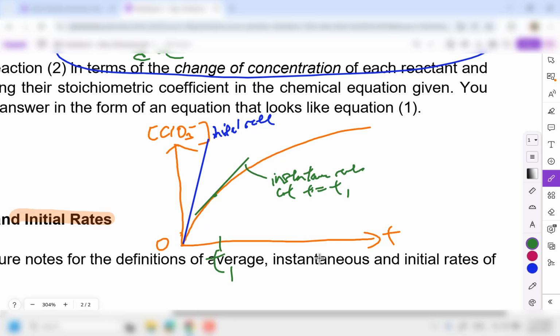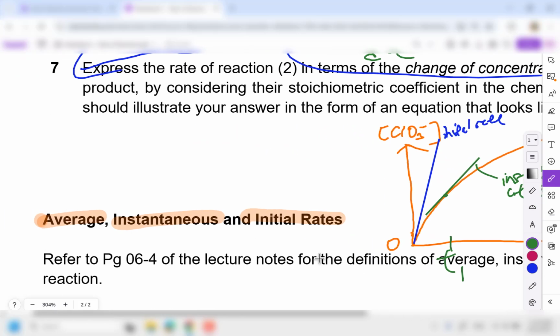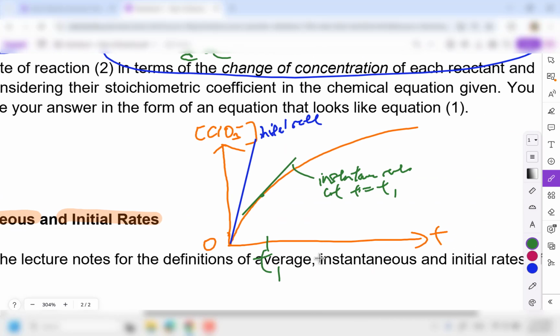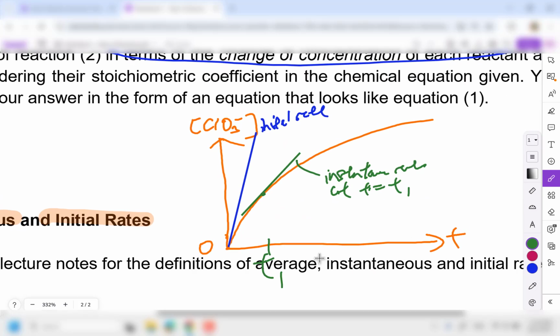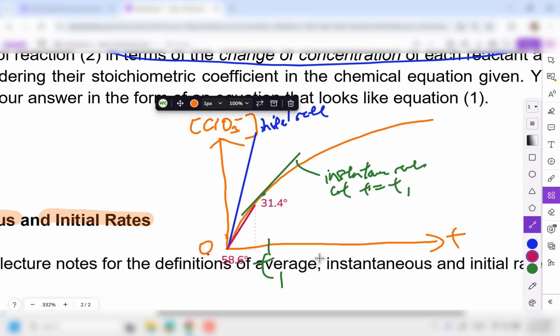Right. So then the next question is, what about the initial rates? Sorry, not initial rate. What about the average rates? So what exactly is average rate? Average rate is really up to you to define. You need to know the time frame you are talking about. Let's say we are looking at the average rate from the time frame 0 to t1. In this case, I'm going to illustrate using the red line, starting from here and drawing it like that.